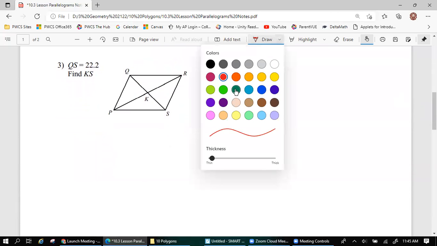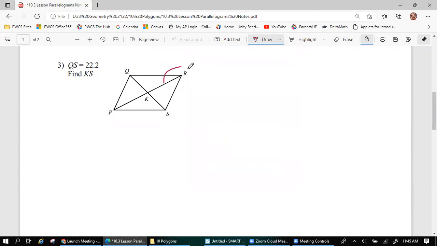The other thing we can do in a parallelogram is draw these things called diagonals. Diagonals connect opposite vertexes. So angle P and angle R are opposite angles. If we connect them with a line, that thing's called the diagonal. So what we get is two diagonals in each parallelogram.